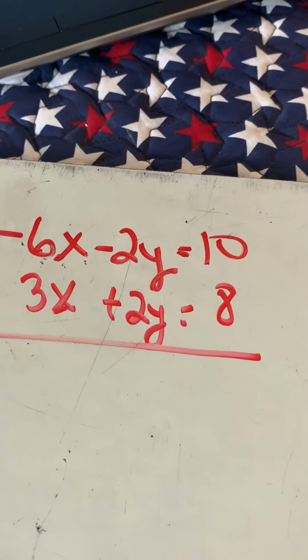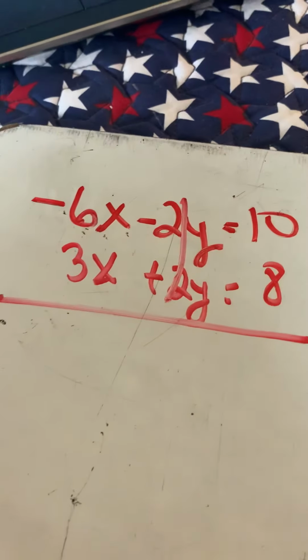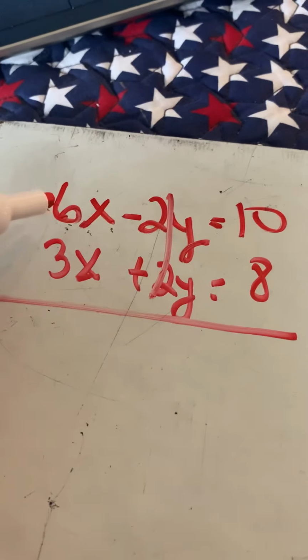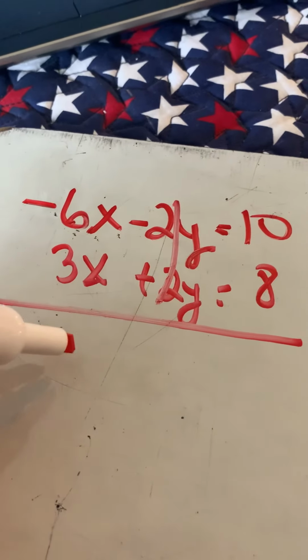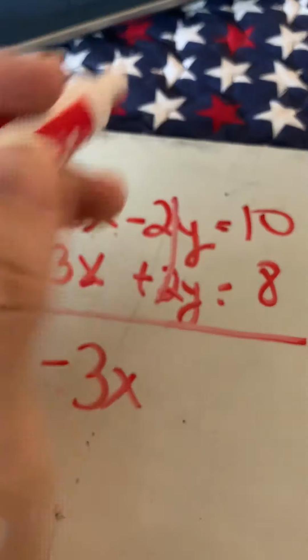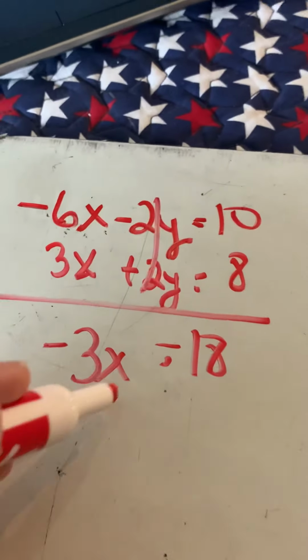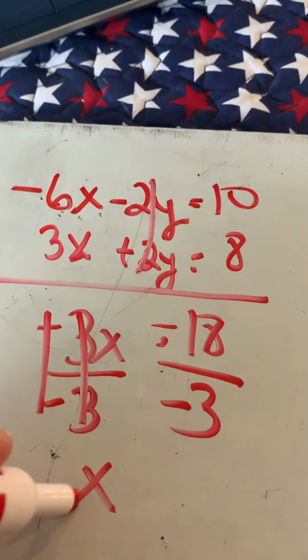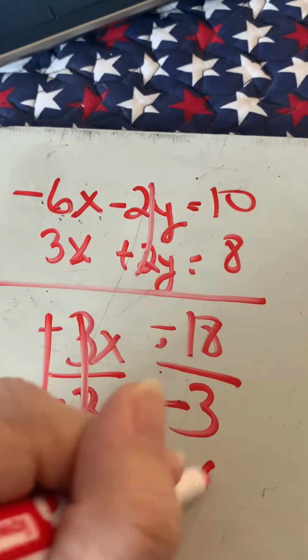When you look at this, the y terms cancel out. I like these because it's much faster than substitution, and I don't have to distribute either. Negative 6x plus 3x is negative 3x, and 10 plus 8 is 18. Divide both sides by negative 3, and x equals negative 6.